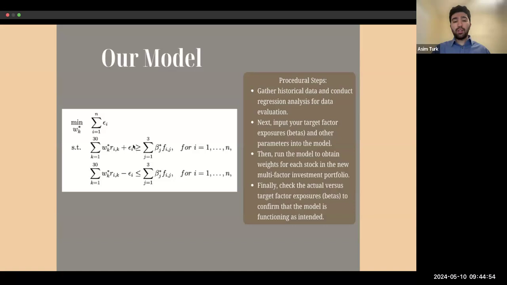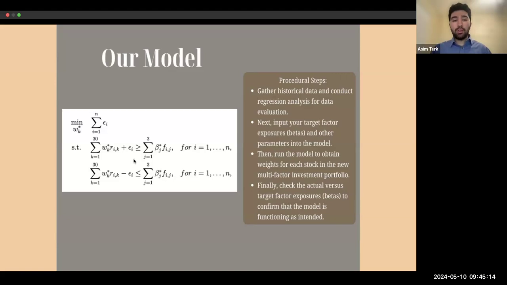We also have an additional term called the error term, which we actually want to write in absolute value format, but in the mathematical formulation this is the way to do it, because otherwise it's not a linear program.